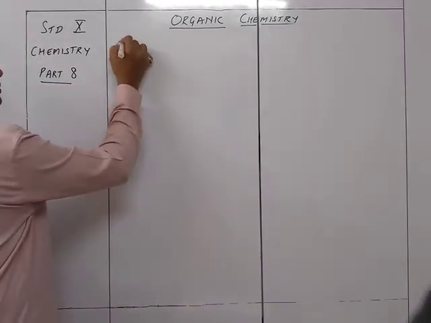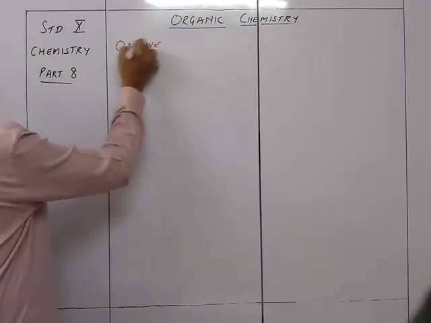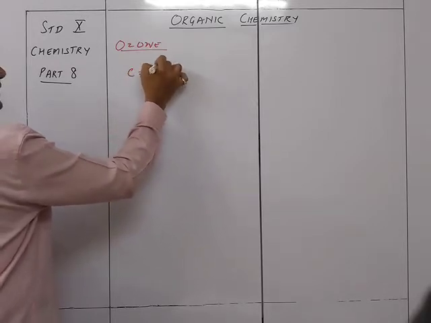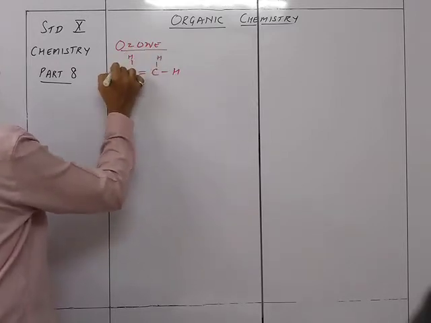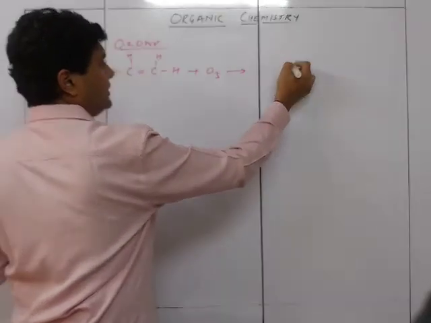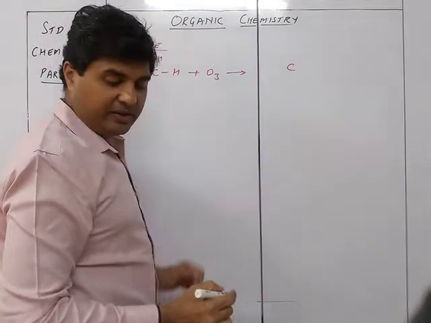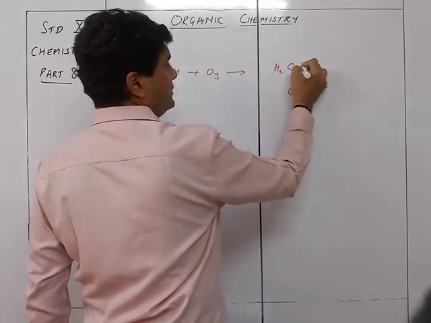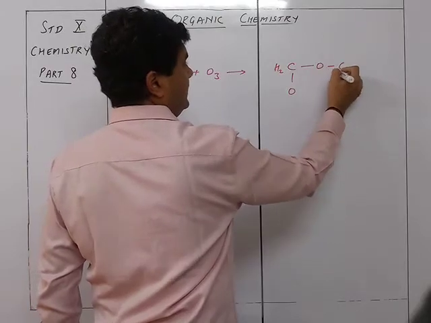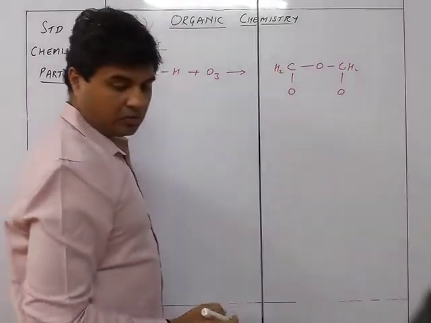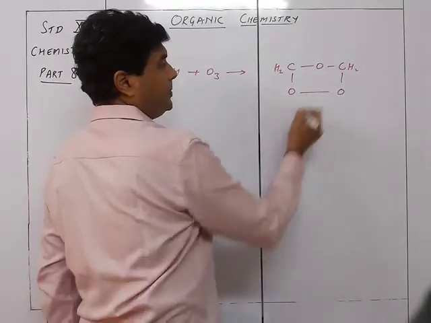Ethene, C double bond C with H, H, H and H, reacts with O3. It will give CH2 with an O here, a single bond O, and CH2 again, and then an O here. So this and this are also connected like this.